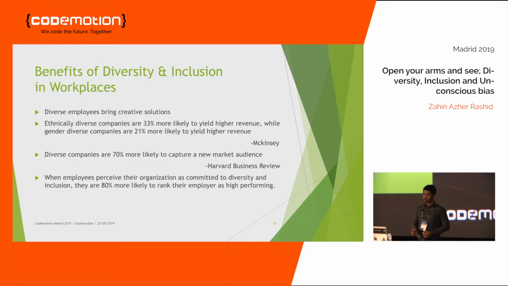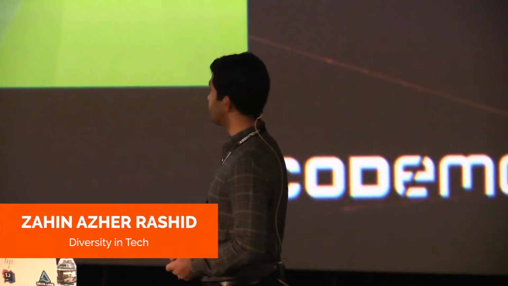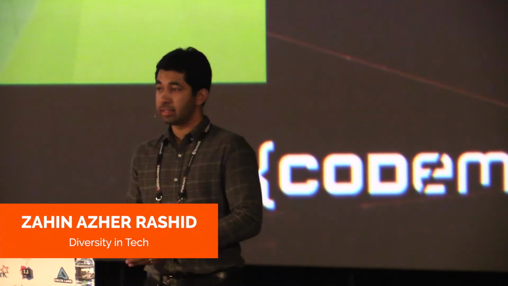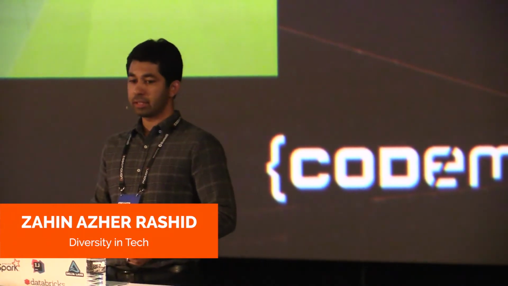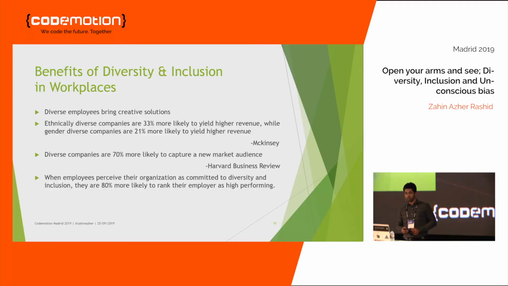There's good research done by McKinsey that ethnically diverse companies are 33% more likely to yield high revenue, while gender diverse companies are 21% more probable in yielding high revenue. And there's another interesting piece of research done by Harvard Business that diverse companies are 70% more likely to capture a new market, which is really good for the company's strategy.